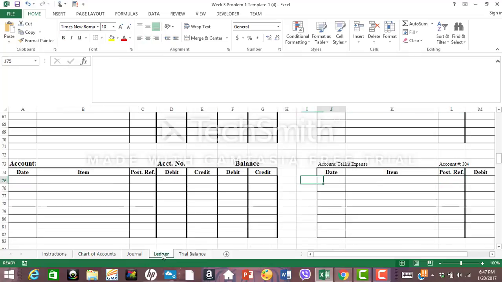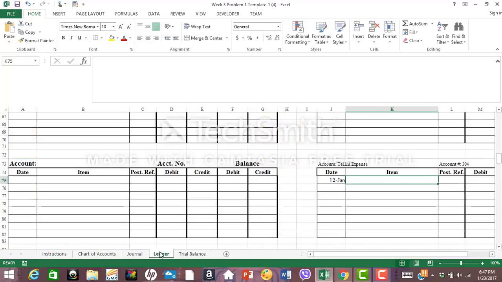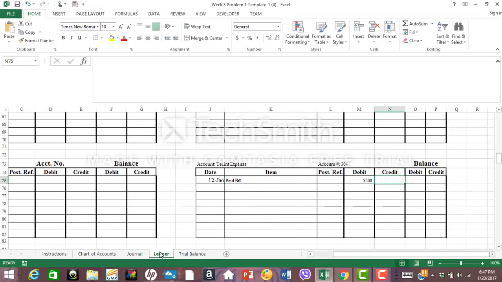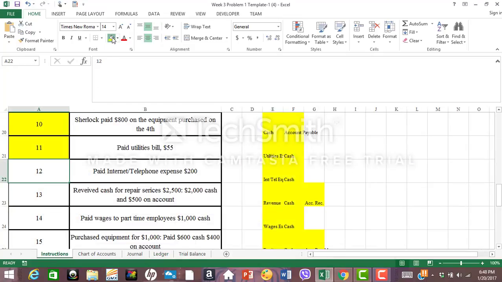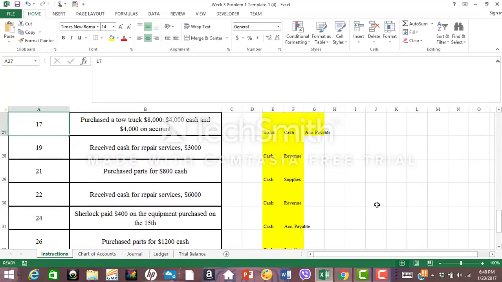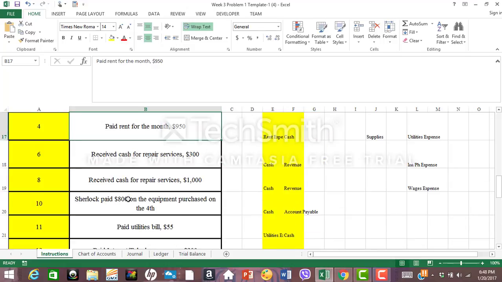And it was on January 12th. Okay. January 12th, paid bill. It was $200 here. And then it was $200 under debit. And then we go on to the next transaction. As we are done with this, we have a lot more transactions. Let me see how far we've gone. All right, so we can do a couple more here in this video.